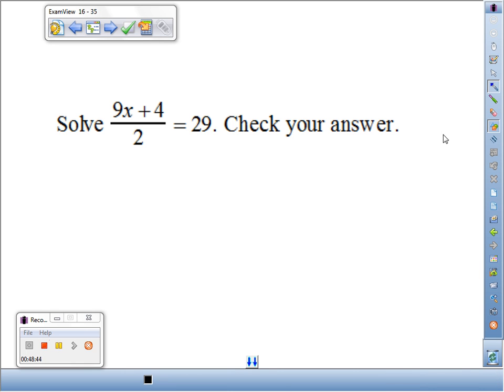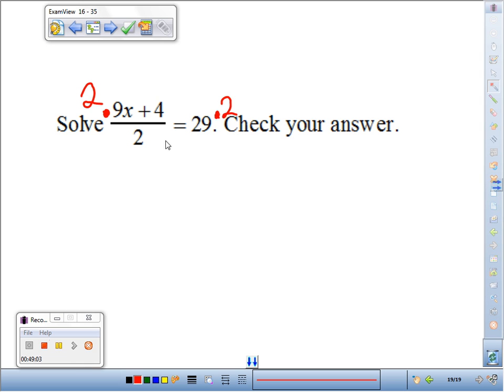For this one, if I was to get rid of this bottom part, do we know how to solve this equation? Yes, but what's in the way? The divided by 2. How can we cancel the division by 2? Everyone, multiply times 2 to both sides.